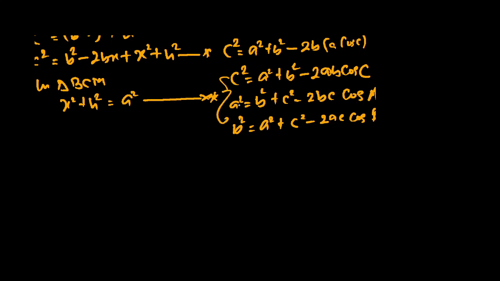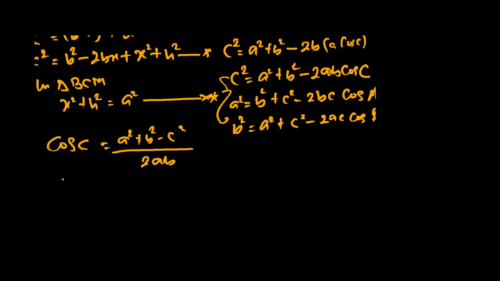Now, if you are looking for an angle, from this equation here, I can say cos of c is equal to a square plus b square minus c square divided by 2ab.